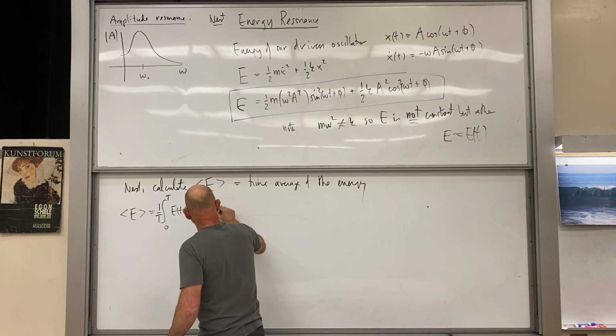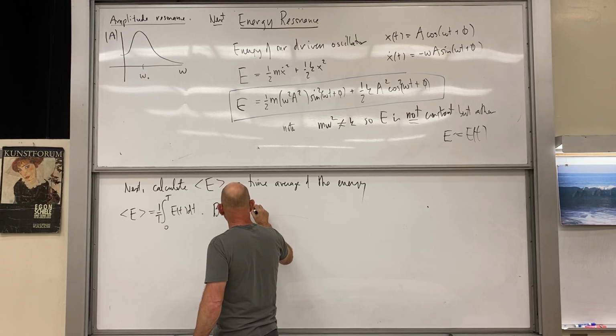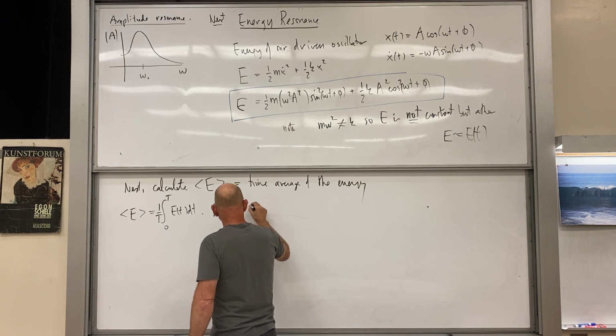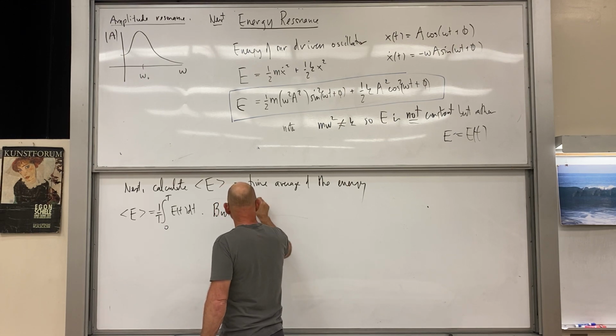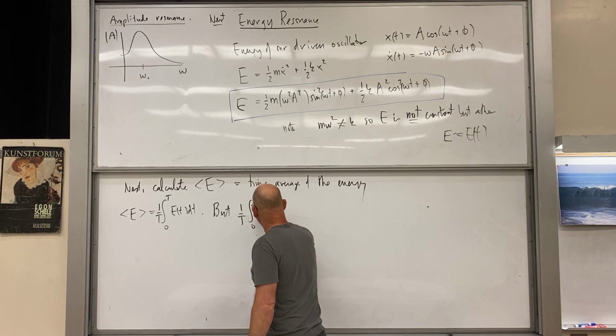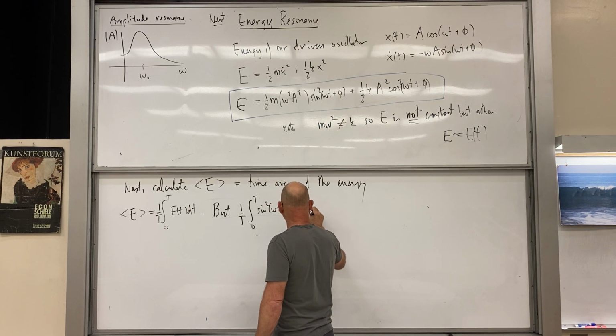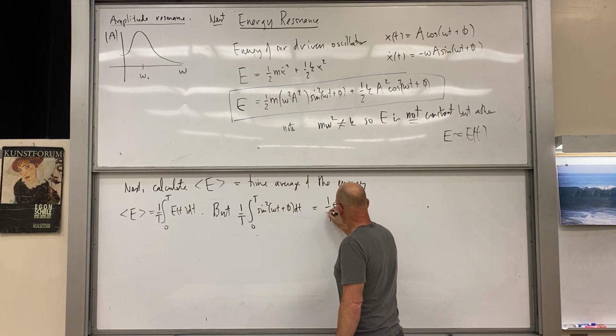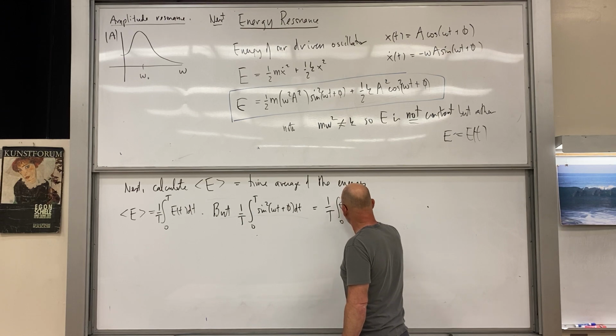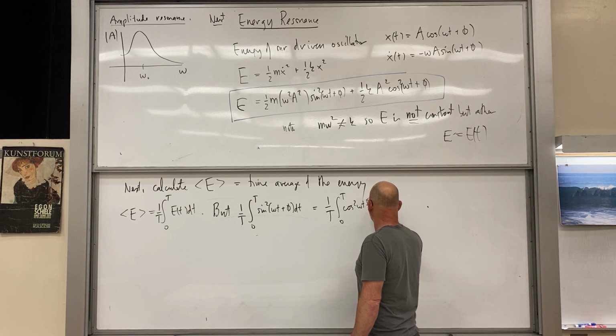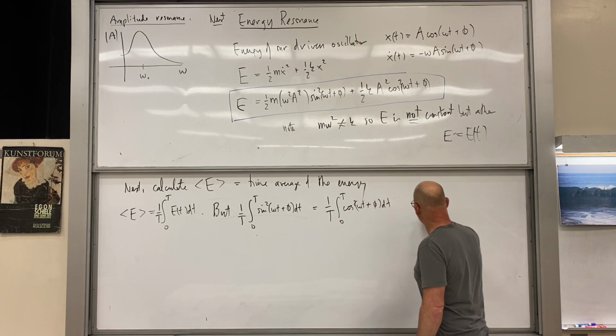Integral, so 1 over period, 0 to t, sine squared of omega t plus phi equals the same thing for the cosine squared, dt.